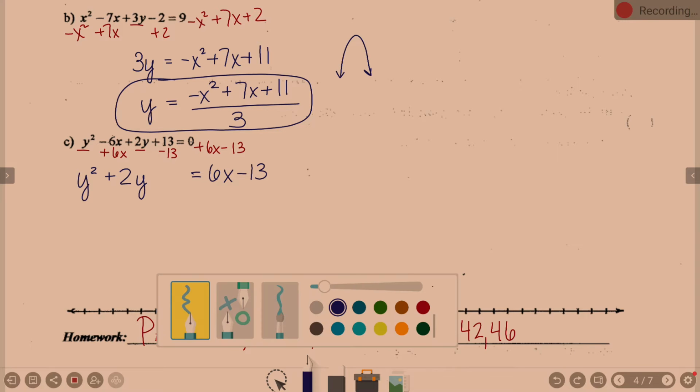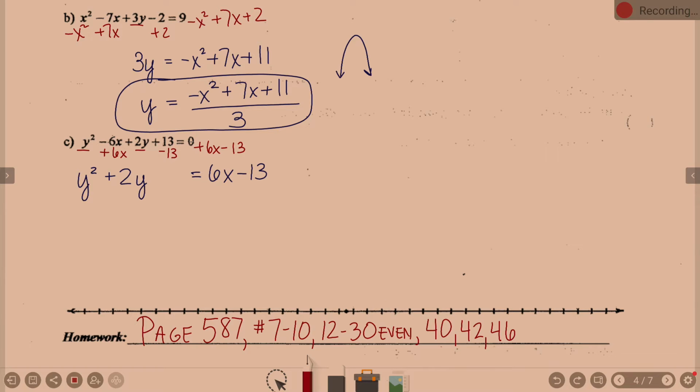How do I complete the square? B over 2, quantity squared. What's my B? Not 6. 2. So 2 divided by 2 is 1. 1 squared is 1.